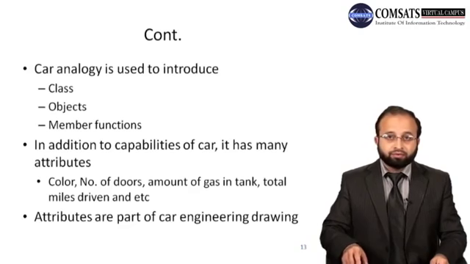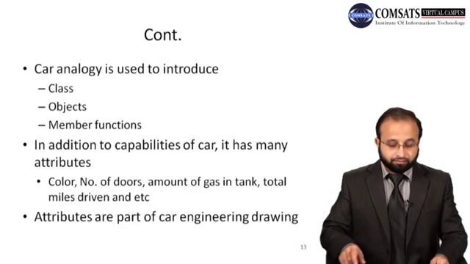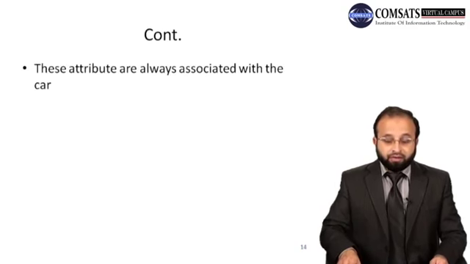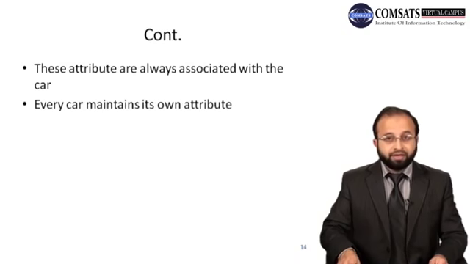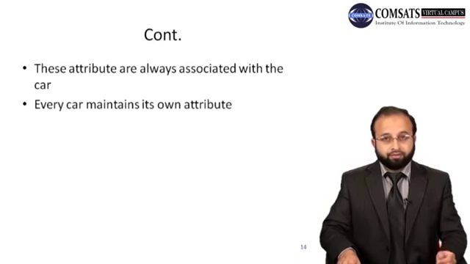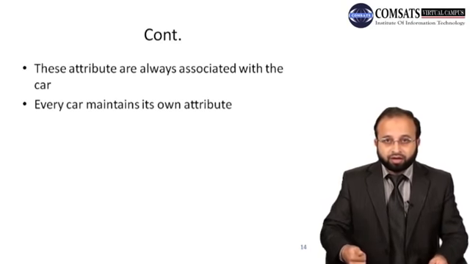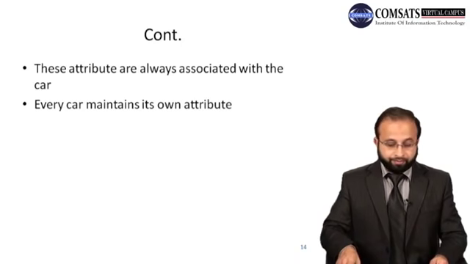These attributes are used in the car engineering drawing to perform the various capabilities. These attributes are always associated with the car, or we can say that every car maintains its own attributes. So my car has its own attributes and your car has its own attributes.